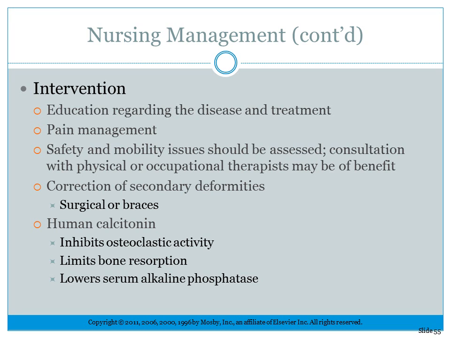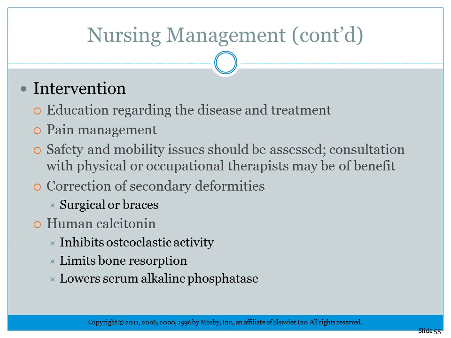We want to make sure that we pull in the appropriate therapists, for example, physical or occupational therapy, to help individuals maintain optimal functioning. We want to consider the correction of any deformities if necessary with the use of braces or surgery.